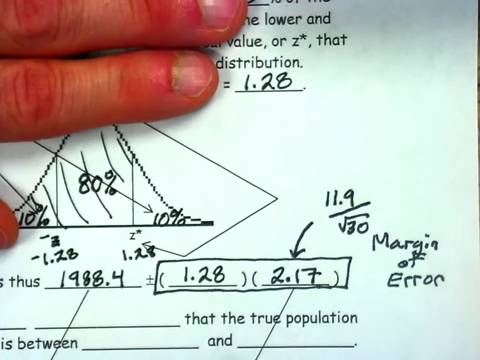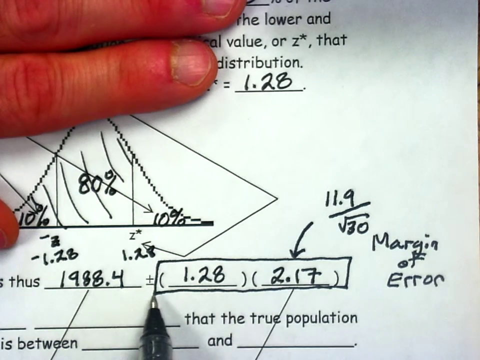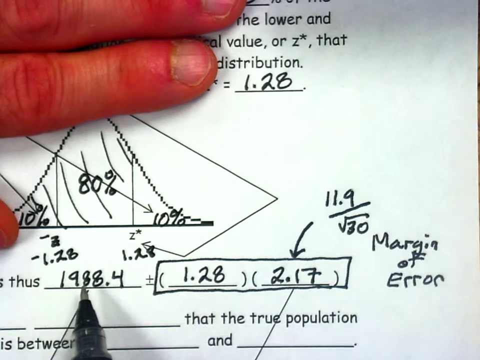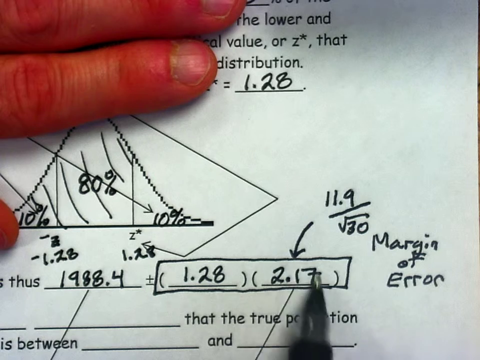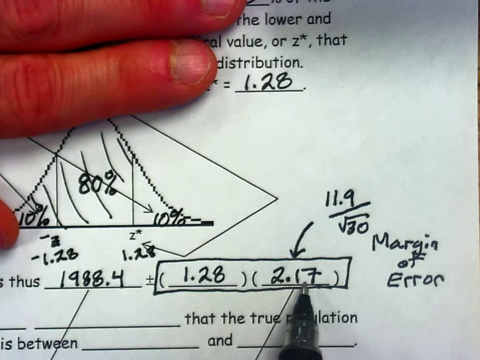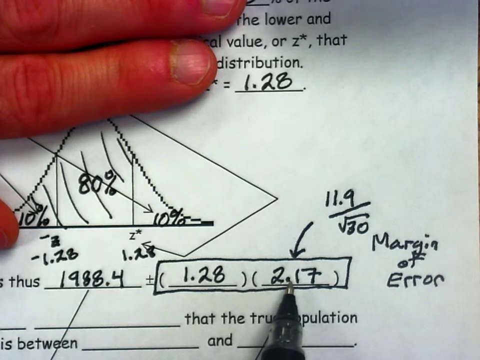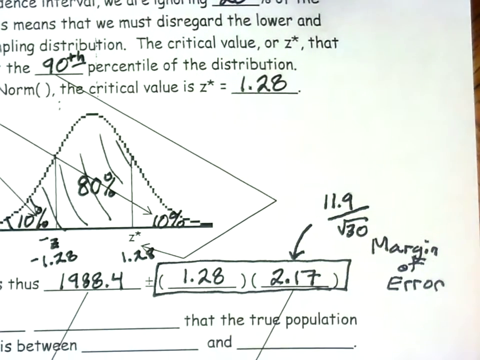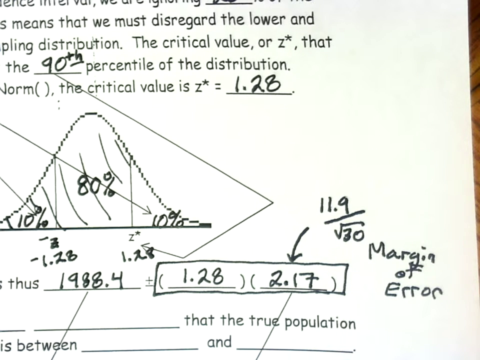The reason that I'm writing it out this way is I want you to realize that the margin of error, what we're going to add and subtract to our estimate to build our upper and lower boundary for the confidence interval, is based on the standard deviation of the sampling distribution. We are going to take 1.28 of those. We're going to multiply that by 1.28. That will give us our margin of error. There we go.